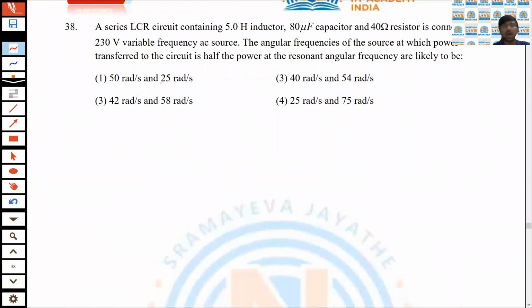A series LCR circuit containing 5 Henry inductor, 80 microfarad capacitor and 40 ohm resistor is connected to 230 volt variable frequency AC source. Now the frequency is variable. The angular frequencies of the source at which the power transfer to the circuit is half the power at the resonant angular frequency are likely to be.